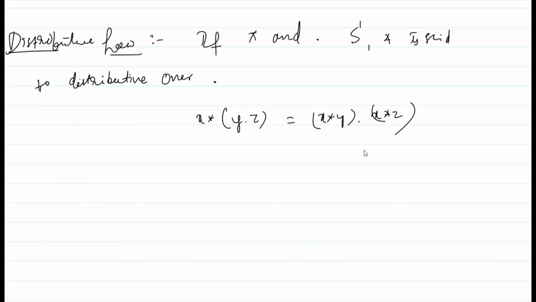This is the distributive law in mathematics, but for our Boolean algebra we can have a different concept. This is the actual thing in the theory of mathematics.